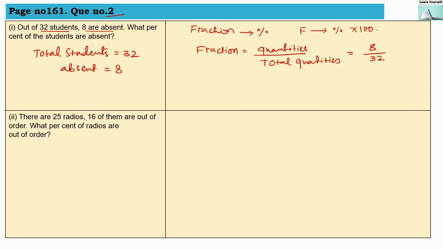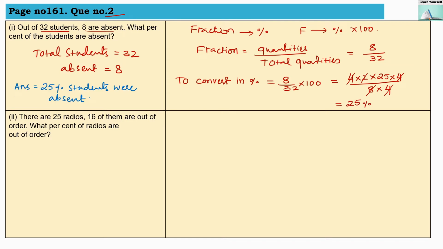We are converting this into percentage, so we are going to multiply with 100. Let us simplify this further, 4 into 2 in multiplication with 25 into 4, in division 8 into 4. So 8 and 4 into 2 we can cancel off, and 4 and 4 we can cancel off. So here we got 25% as an answer.